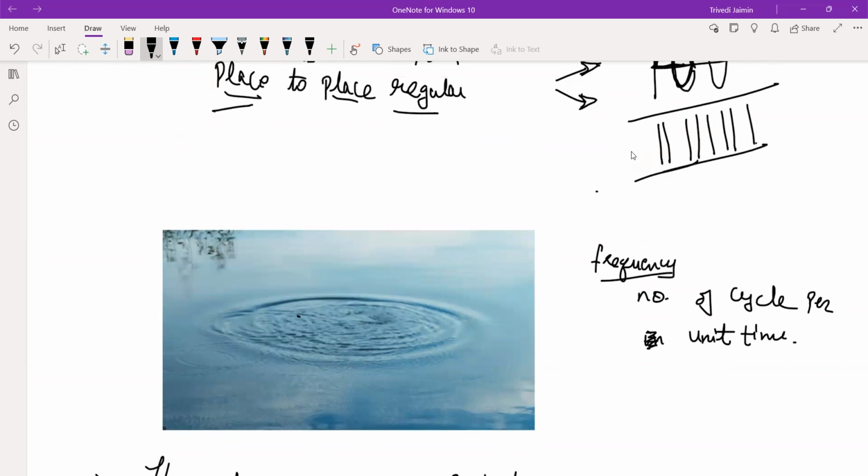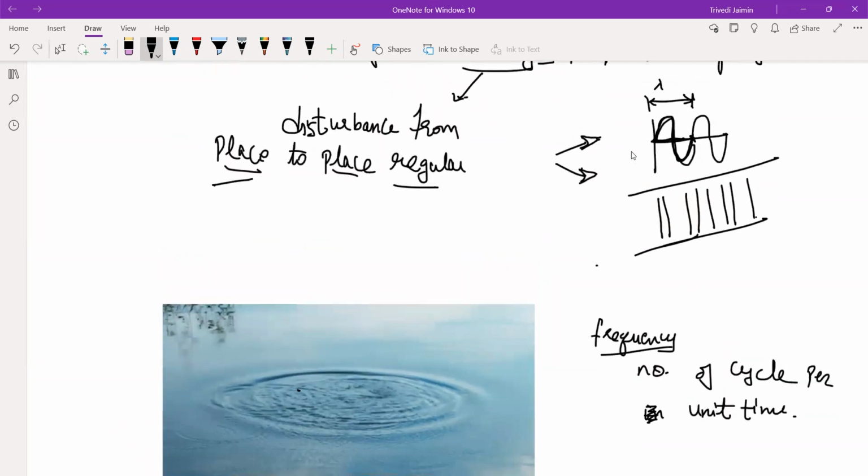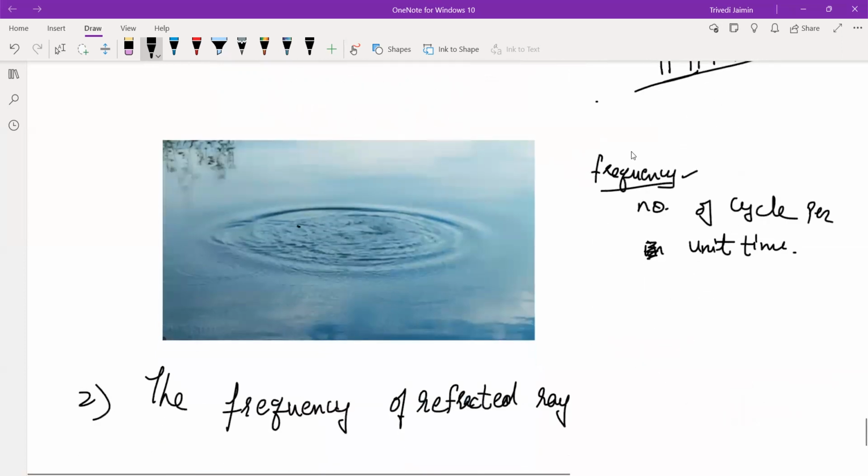But is it affecting this one? Think of it. We saw here its wavelength, this lambda. Wavelength is the length of the wave. One wave here we saw. So this has no effect on frequency actually. It's not related to frequency. How many cycles in time? No relation. So the refracted ray's frequency remains constant.